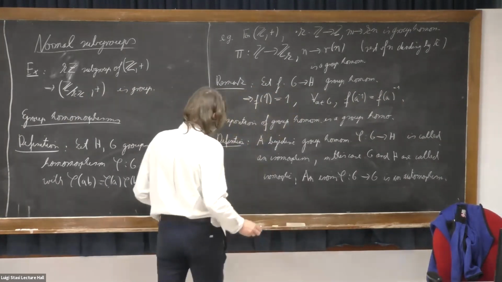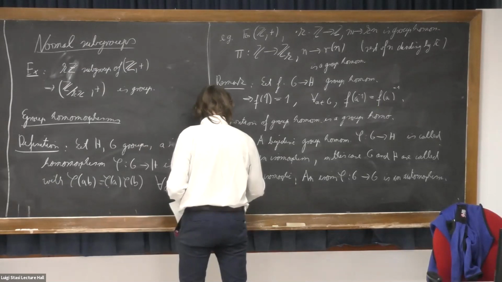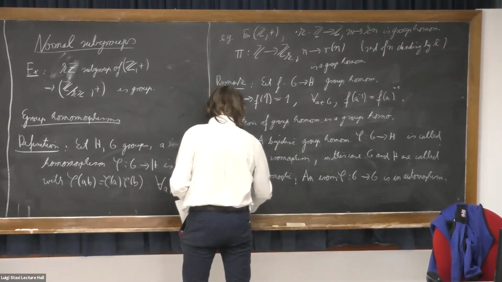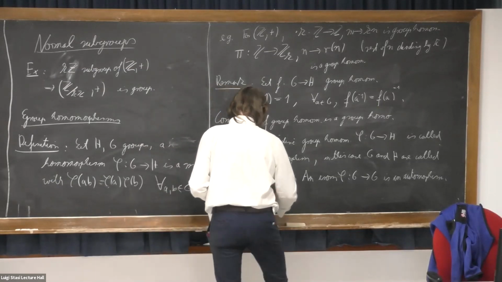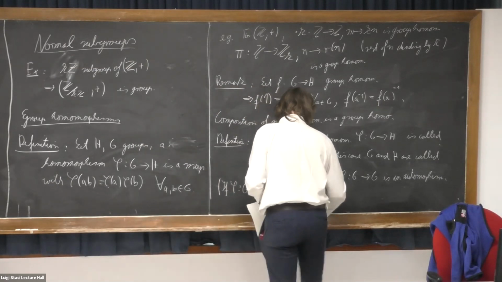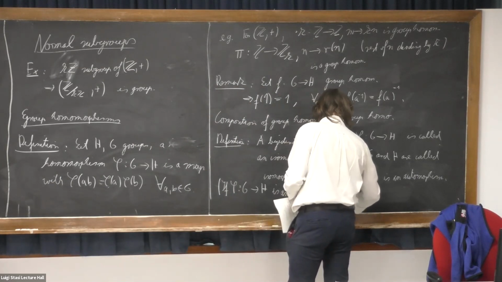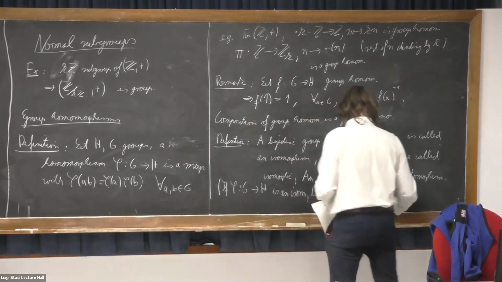So obviously, it's also clear that if F from G to H is an isomorphism, then its inverse is also an isomorphism.